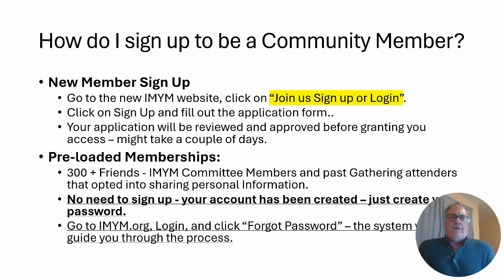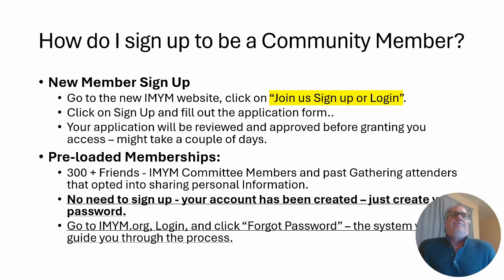So for those folks who we've preloaded, you may already have an account, and you don't need to create one. All you have to do is log in for the first time and set your password. So you would go to the IMYM.org website, click login and enter your email.